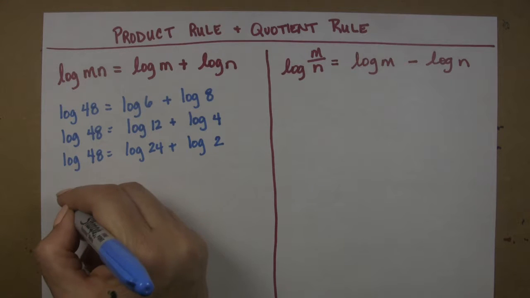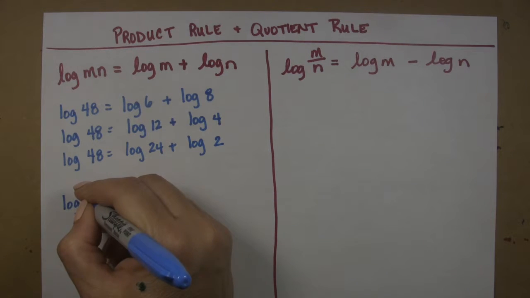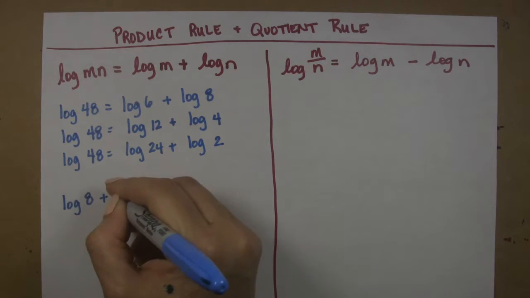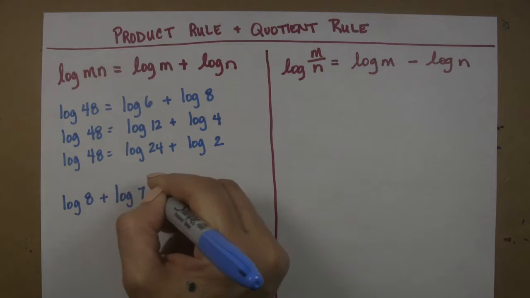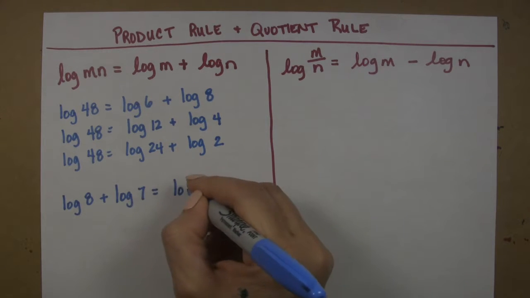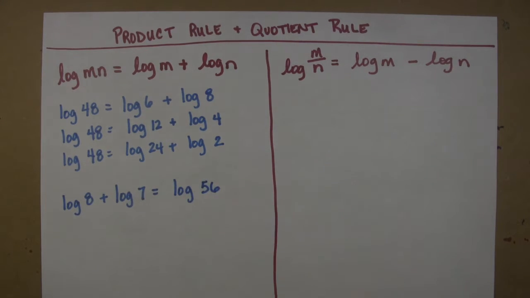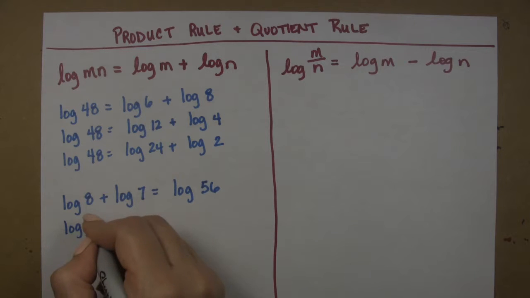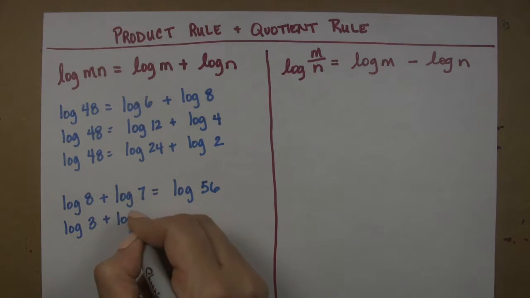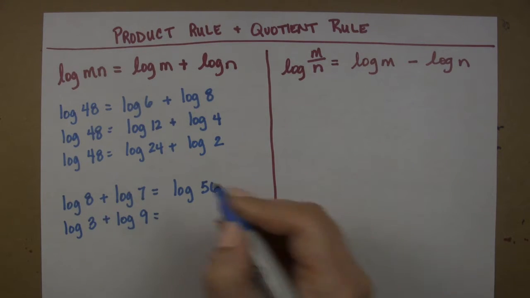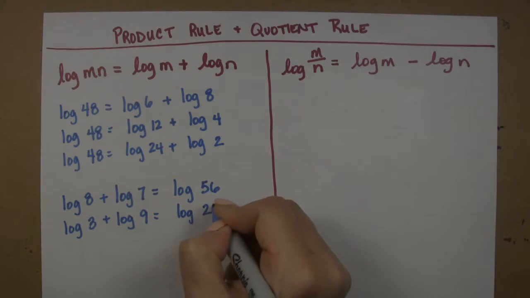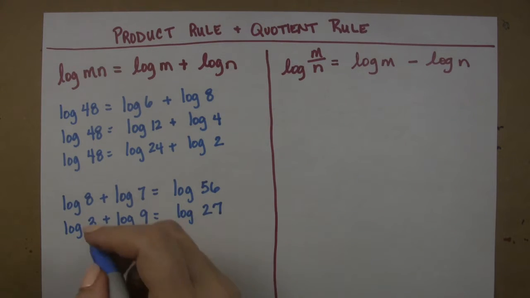Likewise, if I told you that I had the log of 8 and I wanted to add that to the log of 7, that would really be the same thing as calculating the log of 56, because 8 times 7 is 56. The log of 3 plus the log of 9, what would that be? If you said the log of 27, you would be correct.